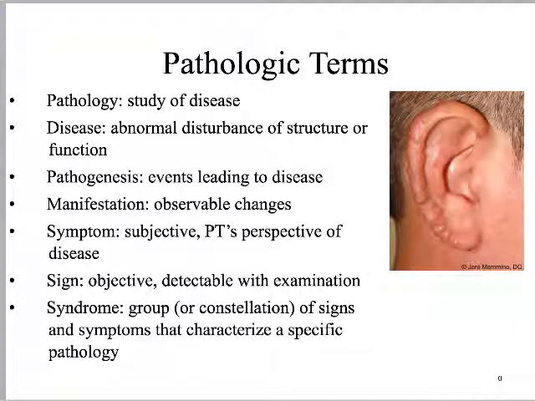A sign is something objective, and it means it's detectable with examination. Interestingly enough, as science progresses, as the field progresses, we are able to detect more things. Just recently here at the college, we've created a neurodiagnostics program. Those are some of the folks that are going to be in our old classroom.